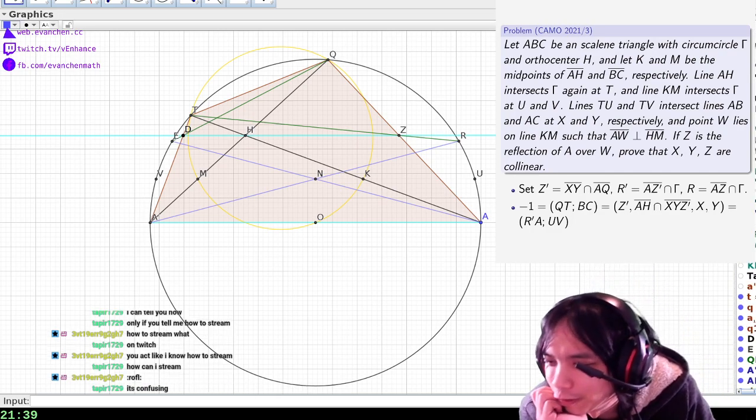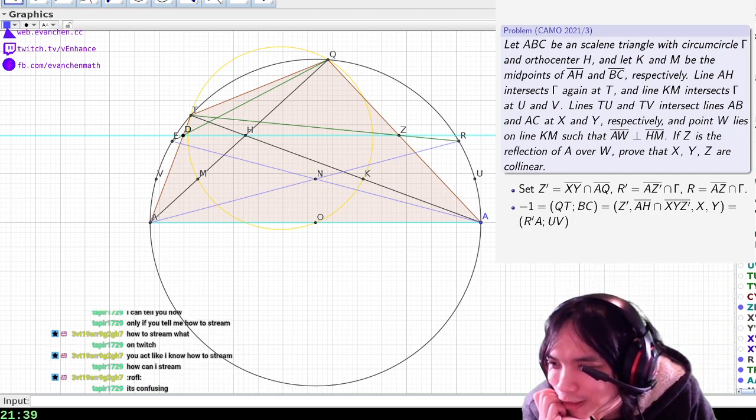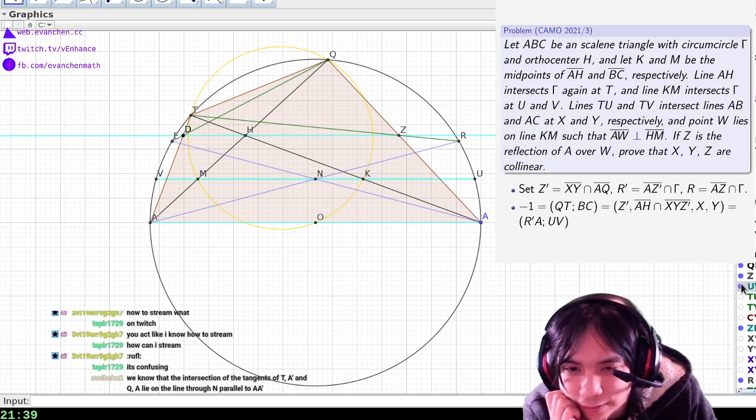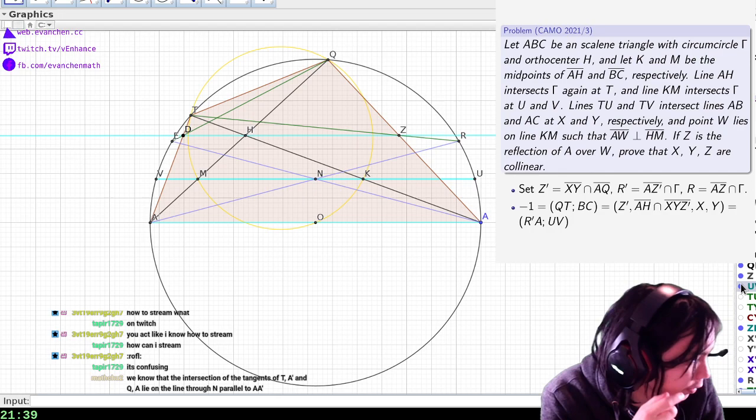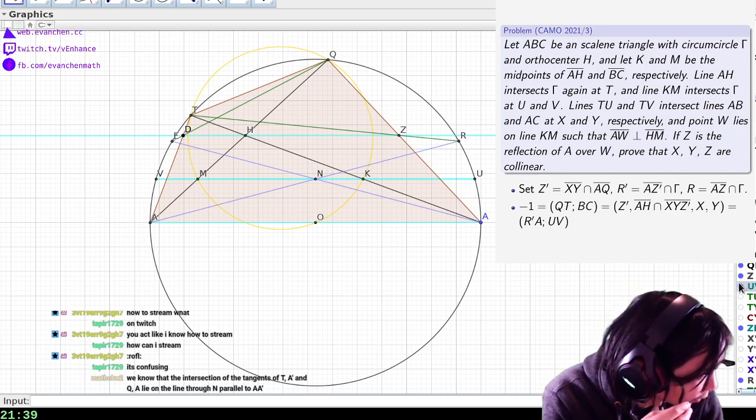Okay, I did add back U and V. U and V is still kind of related to this picture, so I can understand U and V. But the intersection of T, A prime, and Q, A on this.